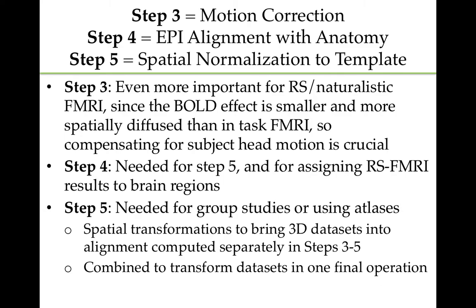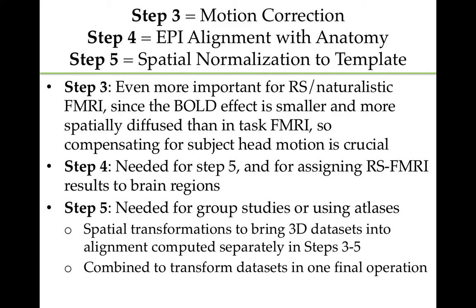Step 4, the alignment of EPI with the anatomy, is clearly needed simply for the purpose of assigning results to brain regions. And step 5 is needed for aligning subjects to a common reference space so that we can do contrasts and averaging across groups and within groups. Now, it sounds like what we do is we align in step 3 all the brain volumes together. Now the EPI volumes are all lined up.